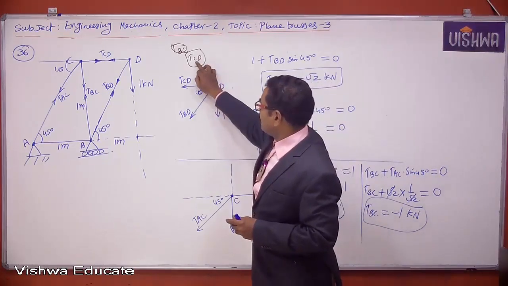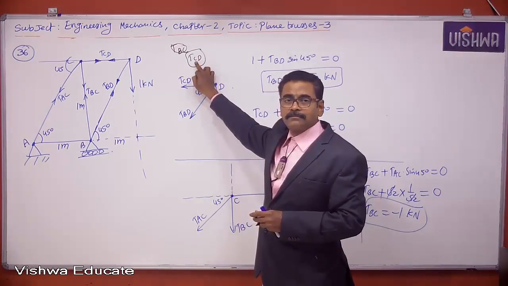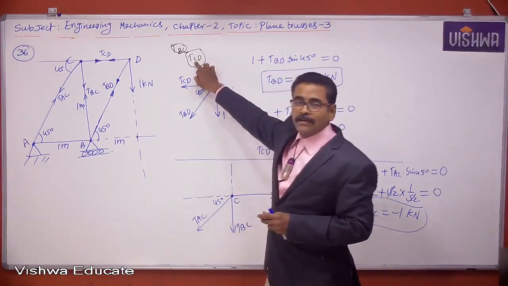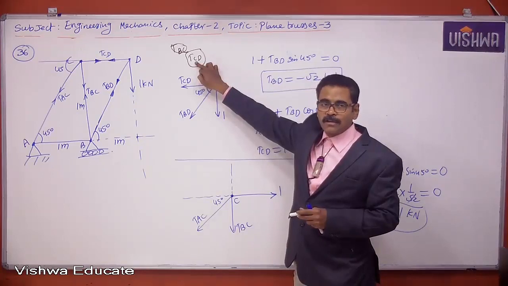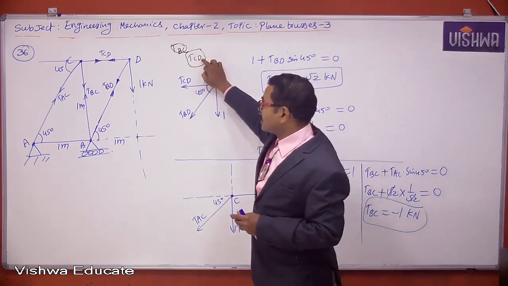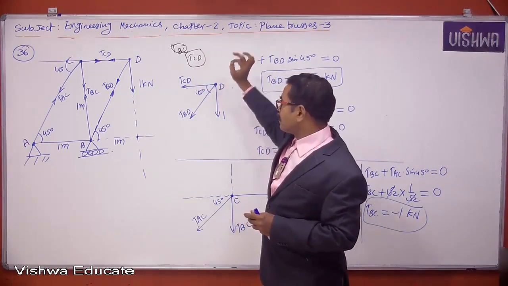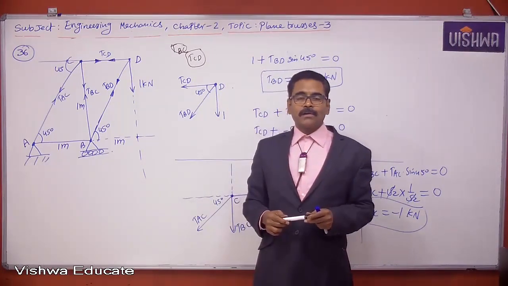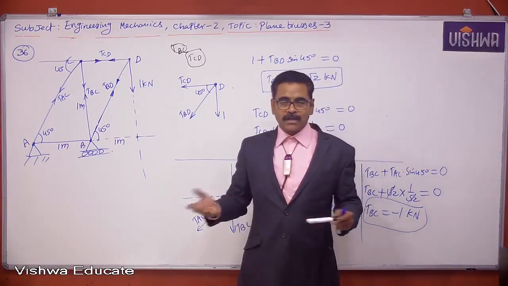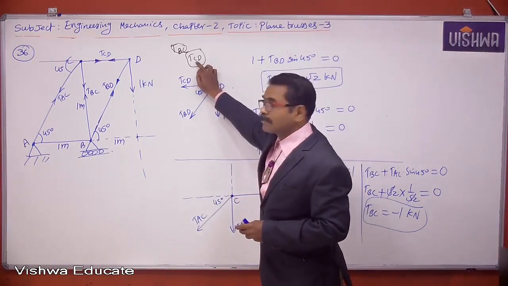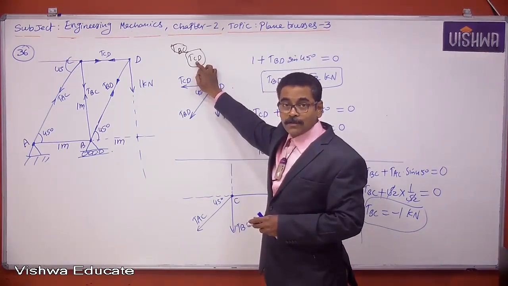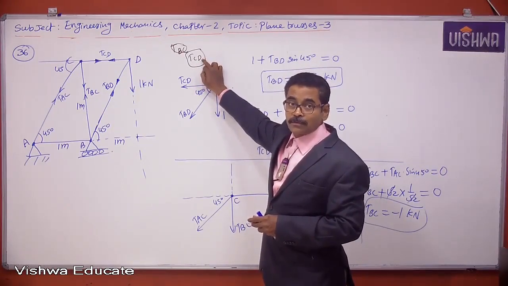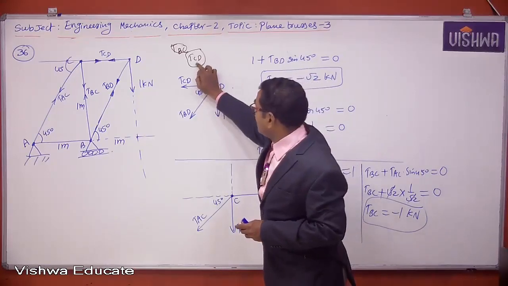First you think about joint C or joint D. If the number of unknowns about joint C is more than 2, you cannot take it. Then think about D. If the number of unknowns about joint D is again more than 2, you cannot take D. Sometimes the number of unknowns about C could be 2 or less than 2. Sometimes the number of unknowns about D is 2 or less than 2. So first think about these two joints.